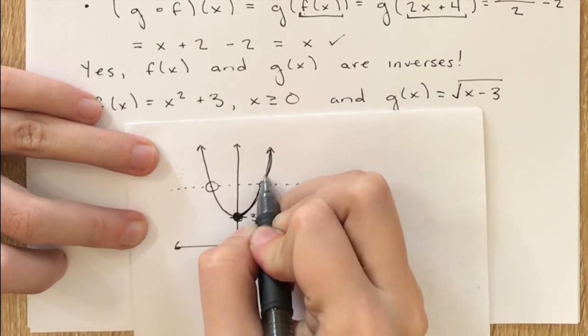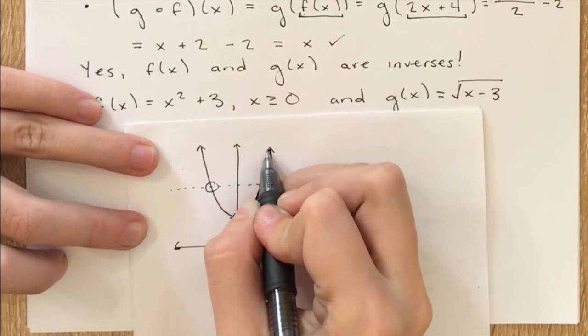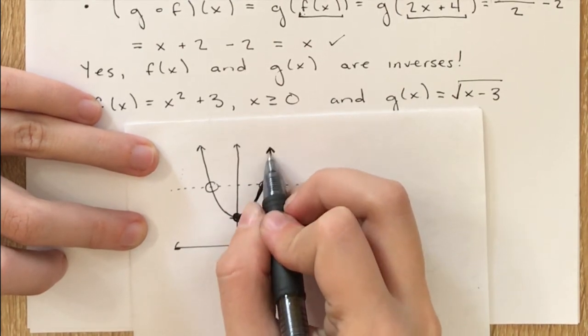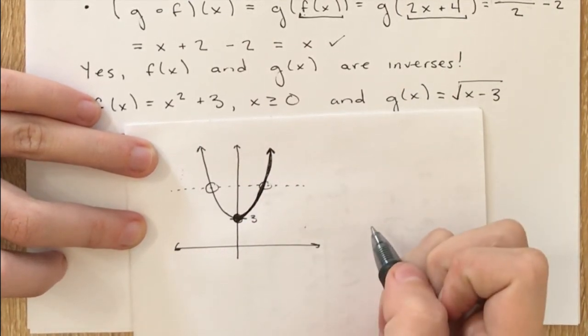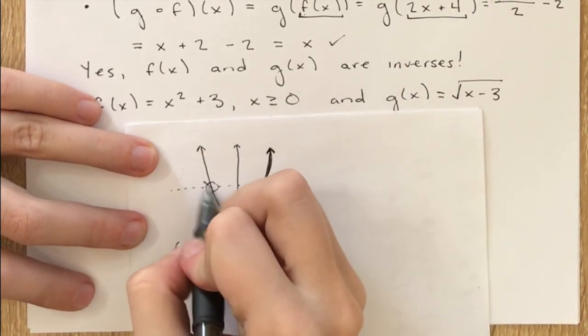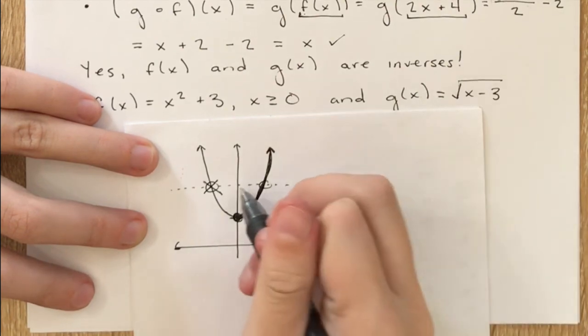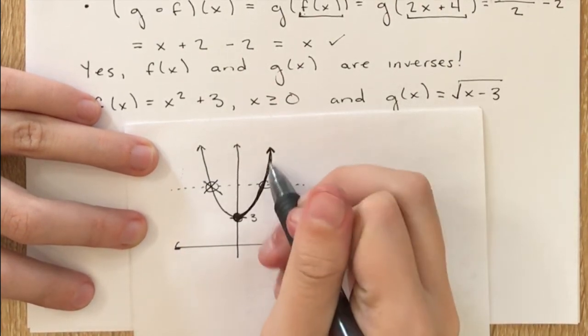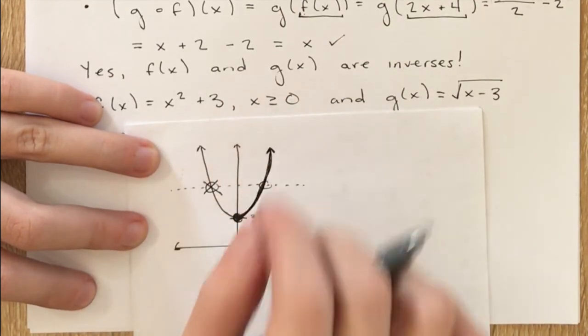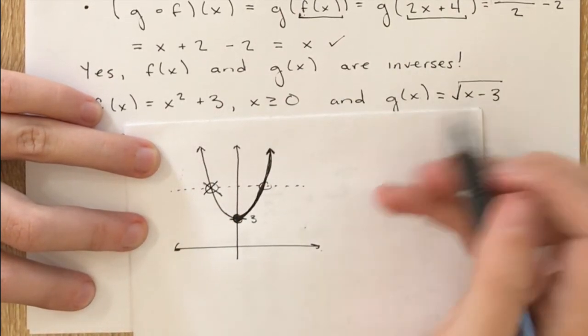These are the x values that are greater than 0. If I'm just looking at this right half of the graph, is it one-to-one? Of course it is, right? Because now this side doesn't matter. So any horizontal line is only going to pass through this side of the graph one time. So this is one-to-one.